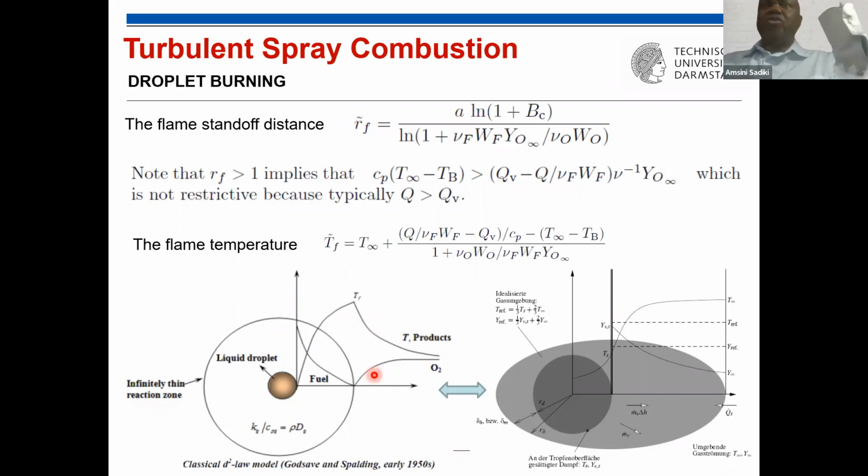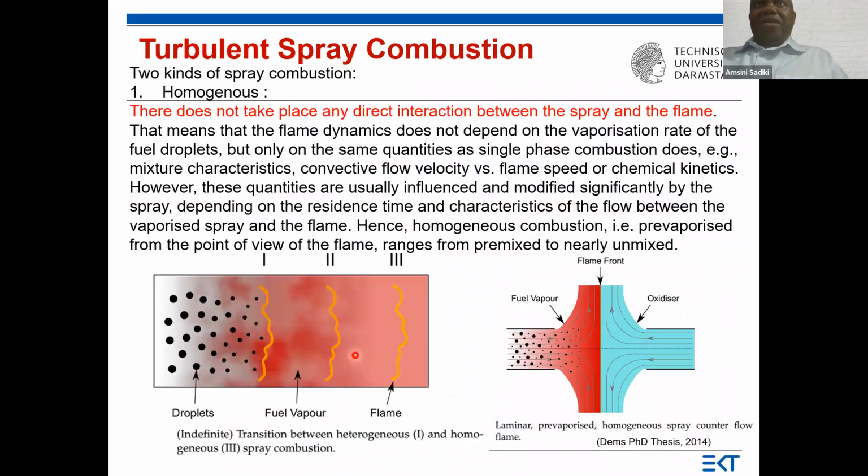It takes, I think, 2 pages to get the results, but here you have only to account for the final result we get. So we have the standoff distance, and we have the flame temperature. Good. Let's now move to the turbulent spray combustion.